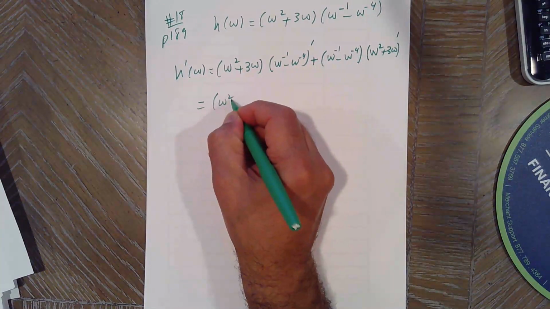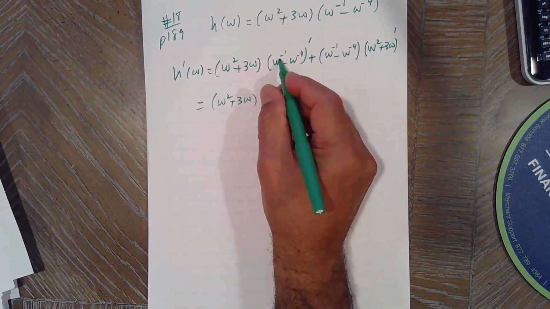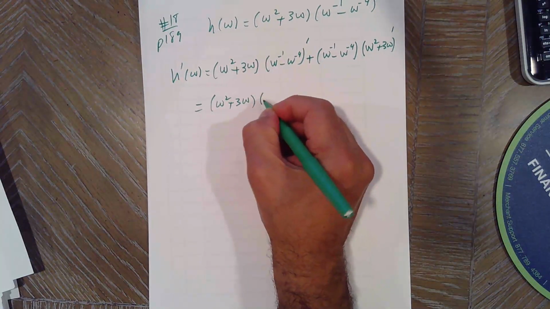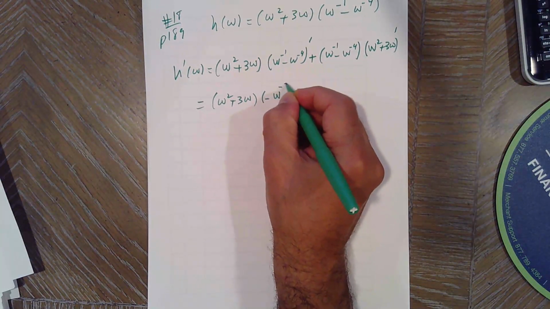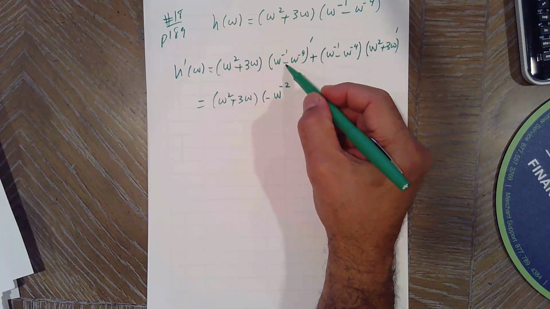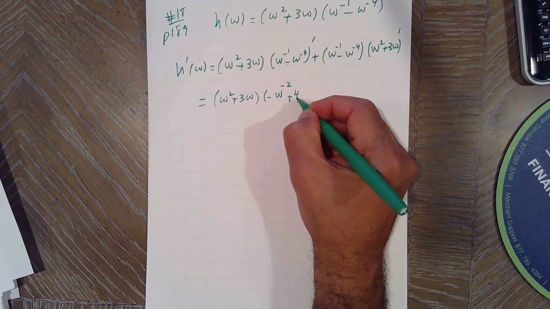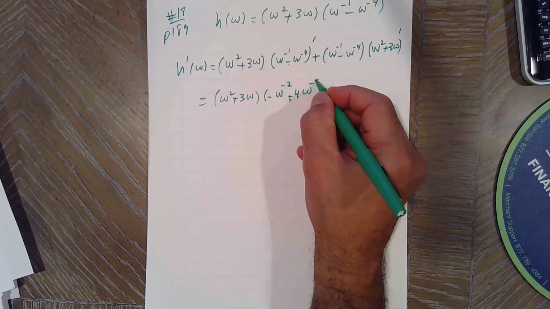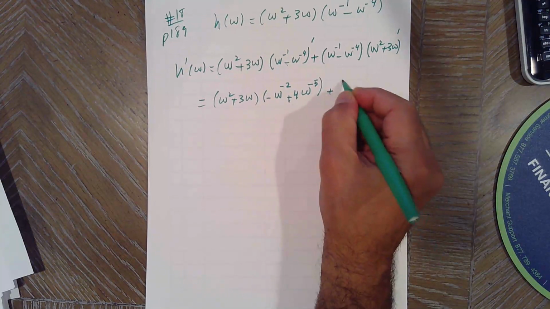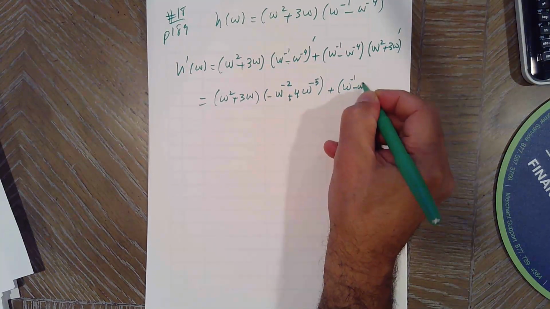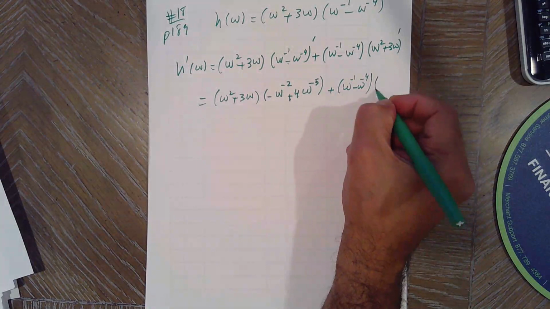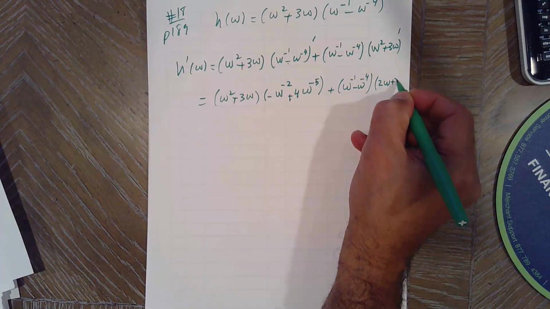So w squared is 3w. Derivative of w to the negative 1 is negative 1, w to the negative 2, and that's negative 4 times negative 1 is 4, w to the negative 4 minus 1 is negative 5. That's fixed. Derivative of w squared is 2w, and 3w is just 3.